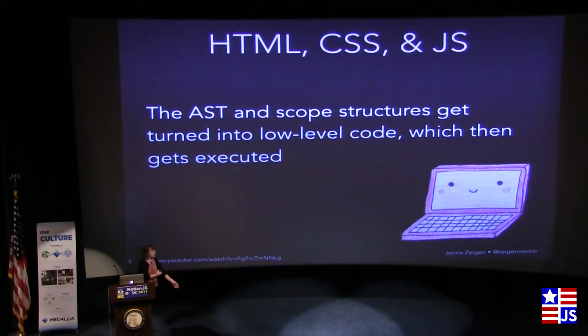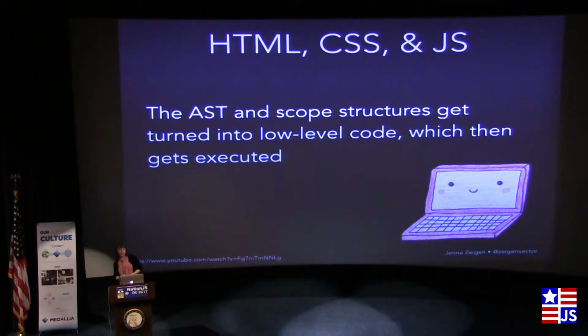So then the AST and the scope structure are going to get turned into low-level code. In the case of V8, the bytecode generator is going to walk the AST and scope structures and turn it into bytecode. But this step could be done by any what's called a baseline compiler. In the past, V8 using full code gen would return machine code.